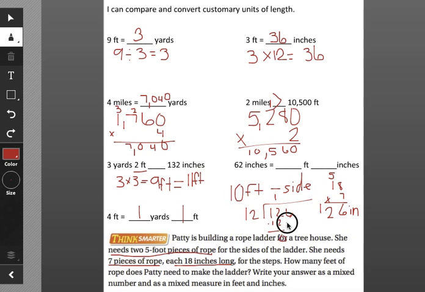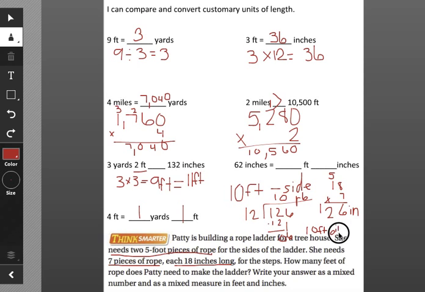And then I'm going to bring down my 6. And 12 goes into 6 0 times. So I'm going to have 10 remainder 6. So that means 10 feet and 6 inches just for my steps.